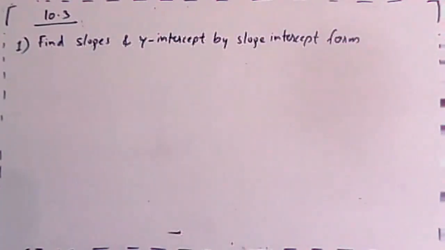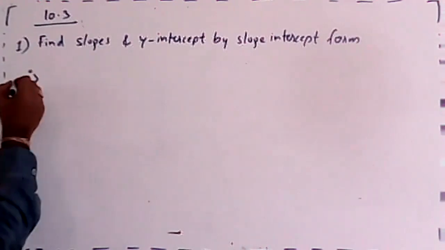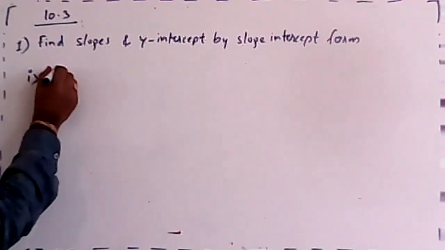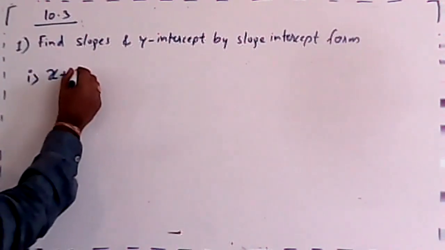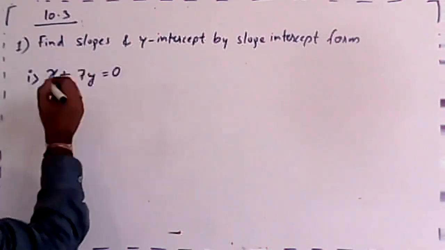There are 3 things there. Let me do the first one. You have been given x plus 7y is equal to 0. Correct?